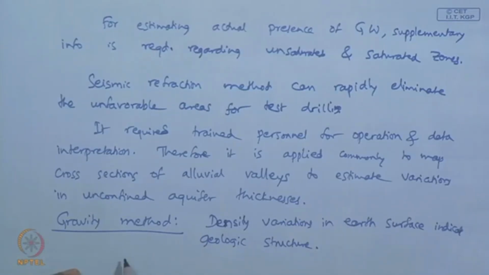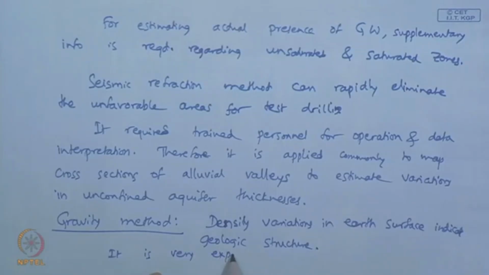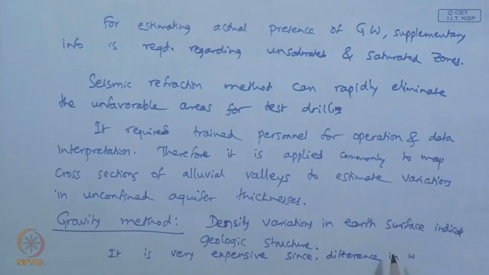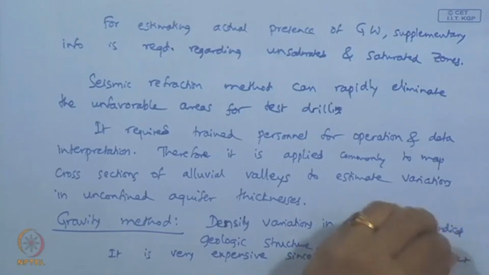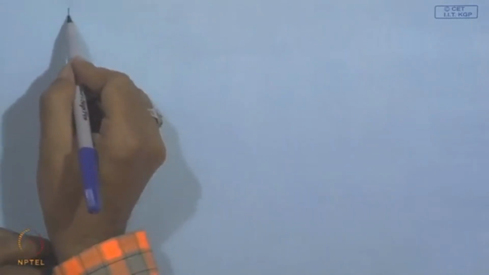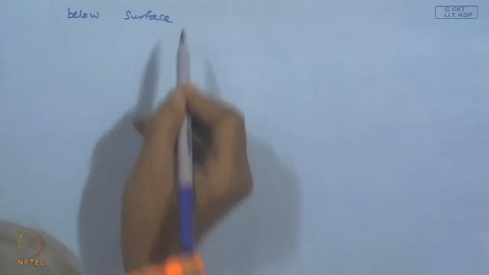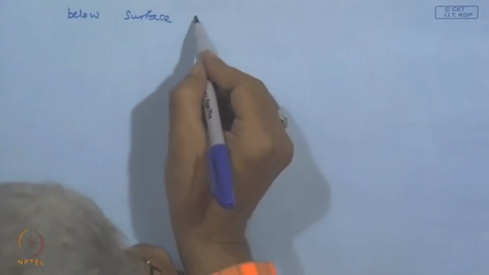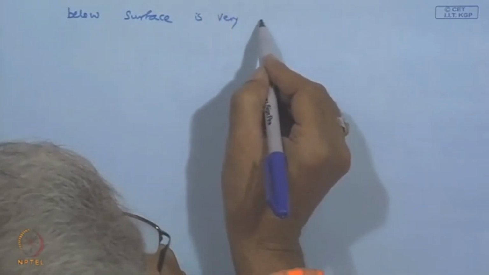And this gravity method is very expensive, since the difference in water content below the ground, below surface, is very small.